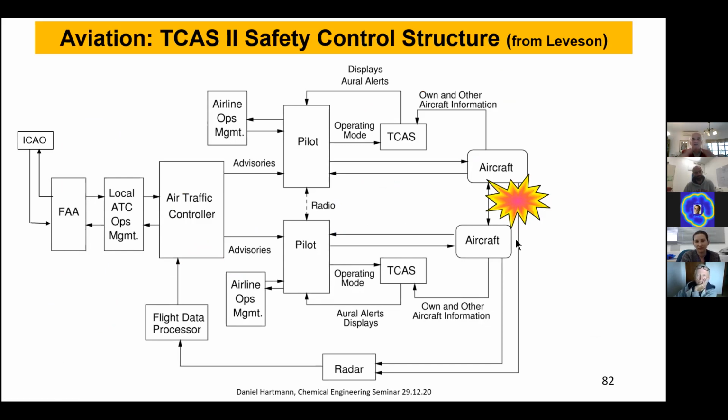Just with one graph and its control structure, I can show you where the weaknesses of the system are. About 100 people were killed in this accident, and nothing failed in this accident, just the communication.